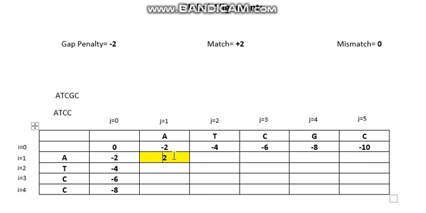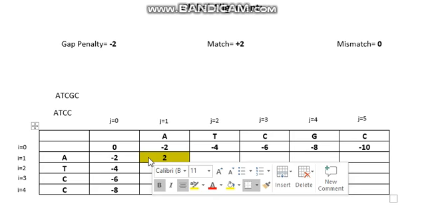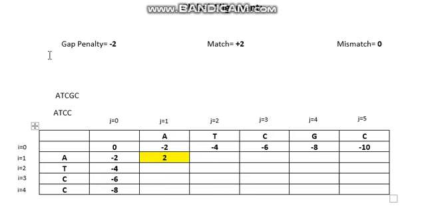Now we also need to indicate which of the cells this value came from, because like I just mentioned, we can get the value from any of the 3 cells, right? Like for this cell, we'll get it from any of these 3 cells, and so on. So we need to mention which of the cells we got this value from. For that, I will add an arrow to indicate which of the cells this value came from.